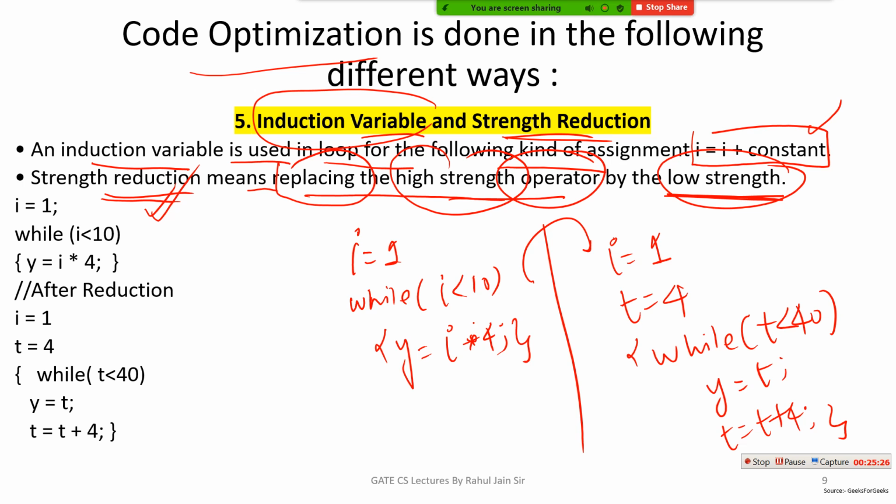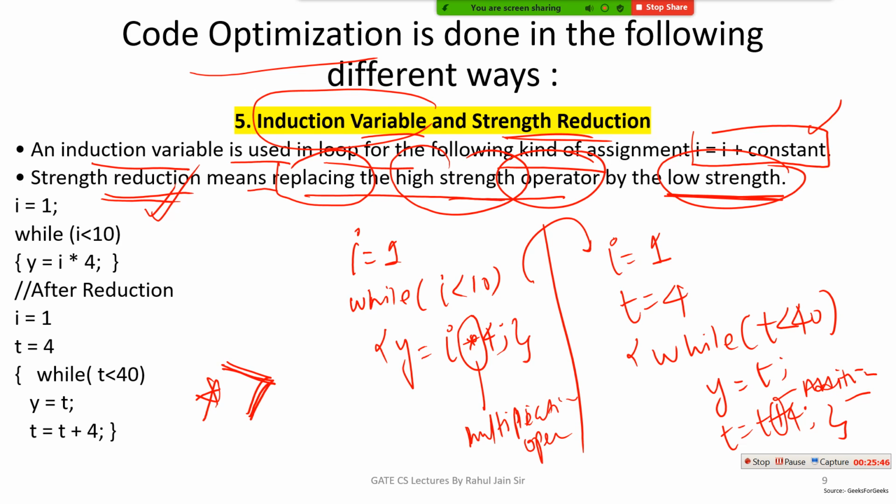If you see here, I have replaced the multiplication operator with the addition operator, because you know the precedence: the strength of the multiplication operator is high and the strength of the addition operator is somewhat low. If we replace this multiplication operation with this addition operation, this is called induction variable and strength reduction. By that, optimization will be done.